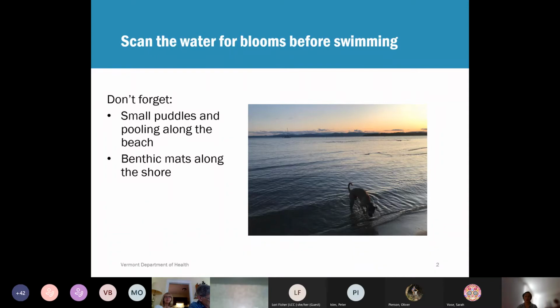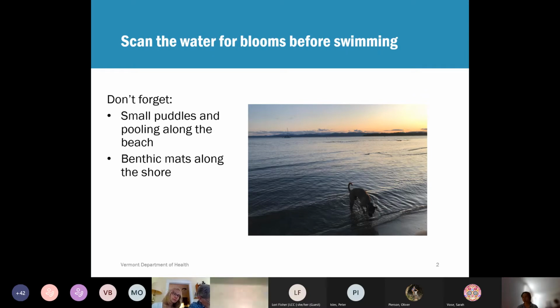And then we didn't quite get into it too much in Lori's presentation, but there are also cyanobacteria called benthic cyanobacteria. That means they usually grow on the bottom of water bodies, but they can break off and wash ashore. And this is also stuff that you can pick up with a stick.